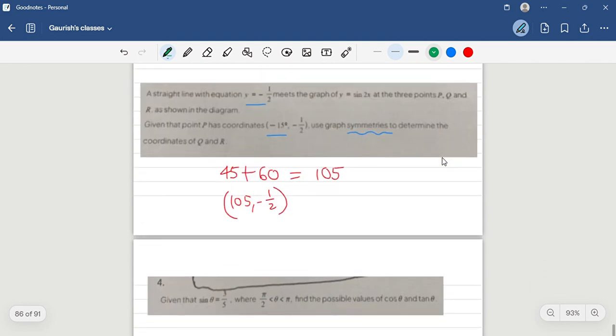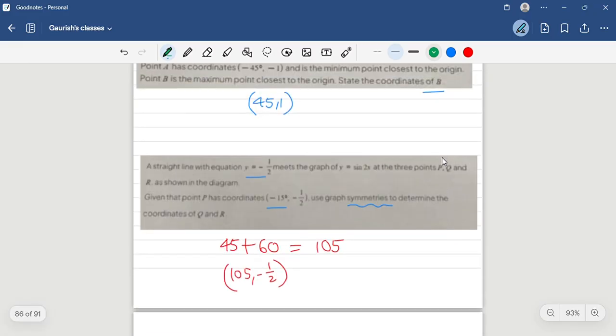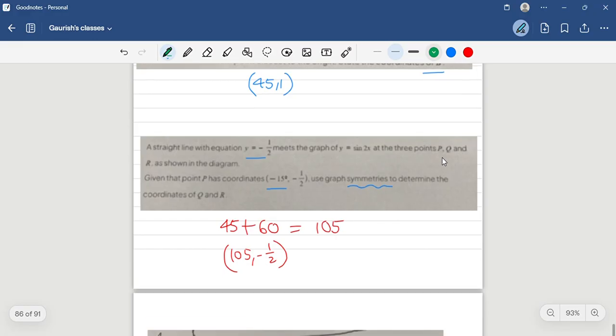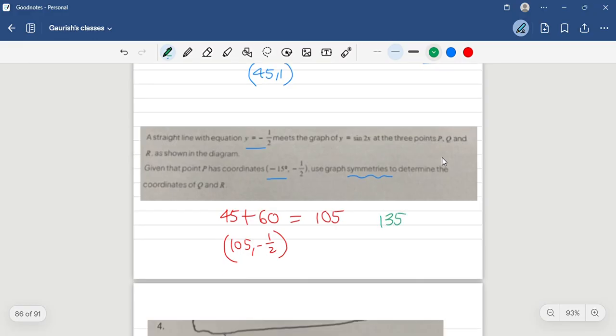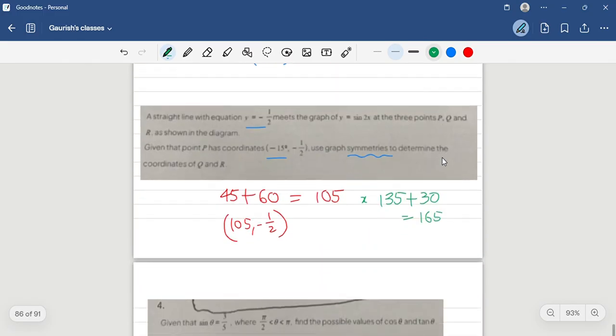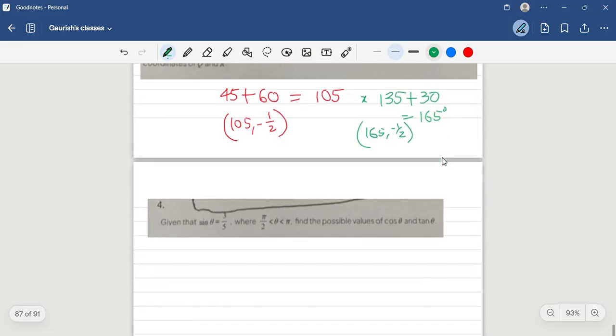Okay, the other point will be 135 plus 30, so we get it as 165. So this will be 165 comma minus 1 over 2. Okay, I hope that makes sense.